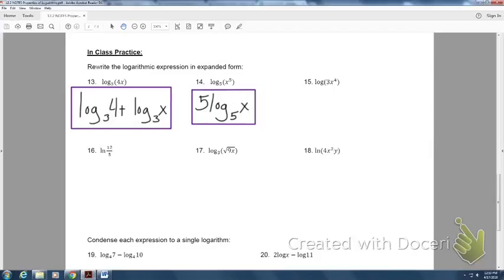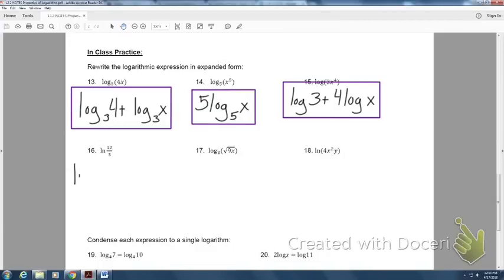Here's the answer on 15. Log 3 plus 4 log x. Here's the answer for 16. Natural log 12 minus natural log 5.